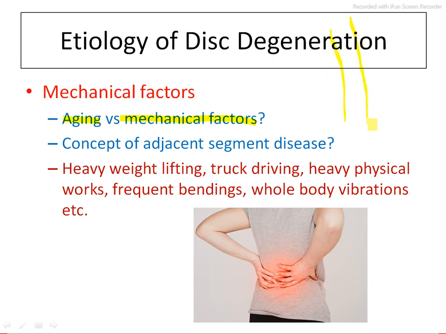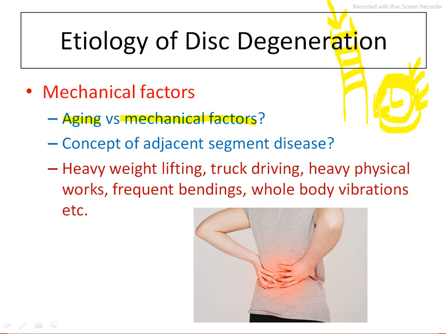Since the vertical force is acting together on every segment, and aging also starts together in every segment, but we see the maximum defect in the lumbar region. Why is it so? Is it only because of the aging? No, it is because the mechanical forces tend to act repeatedly and in a prolonged way in the lumbar region.